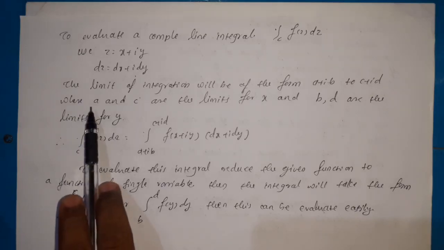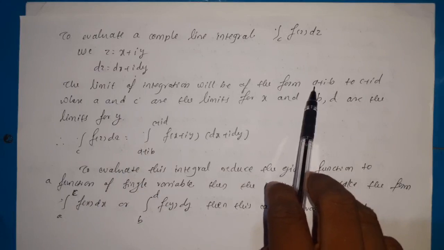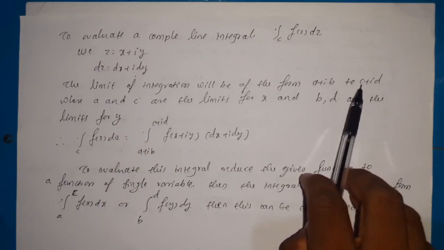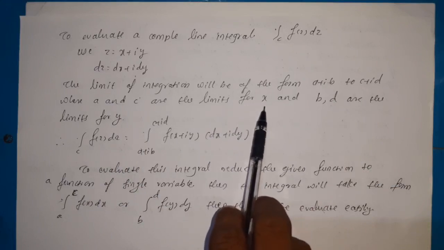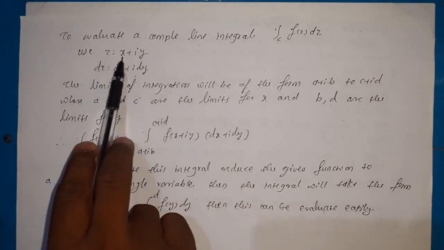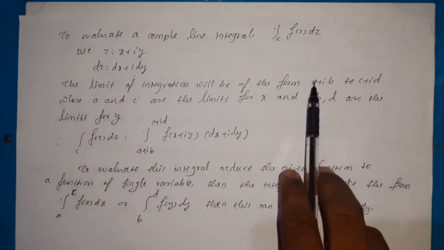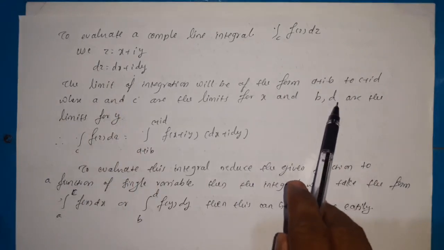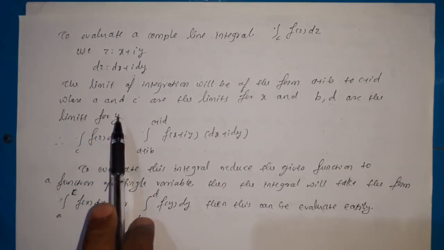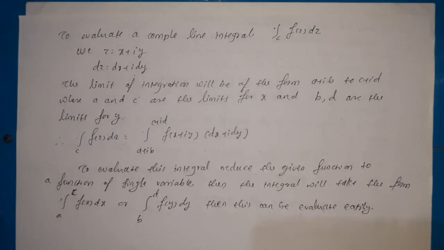So here a and c, the real part of the lower limit and the real part of the upper limit, are the limits for the variable x, because in z equal to x plus iy, x is the real part. So the corresponding real parts will be the limits for x, and b comma d are the limits for y, because they are in the position of the imaginary part.